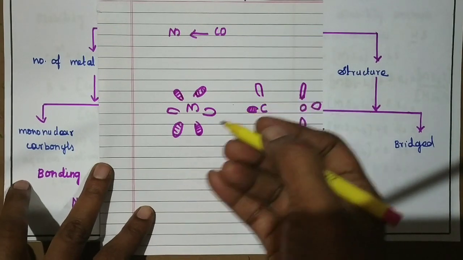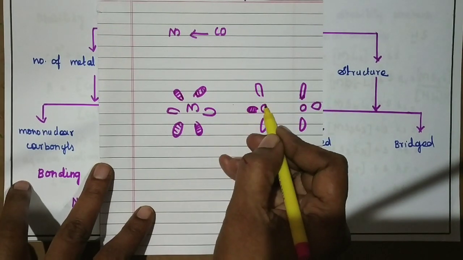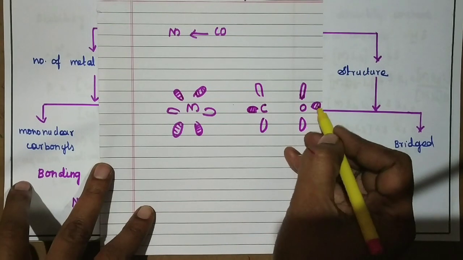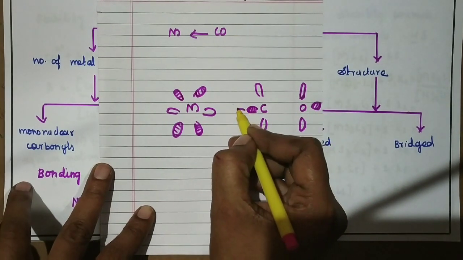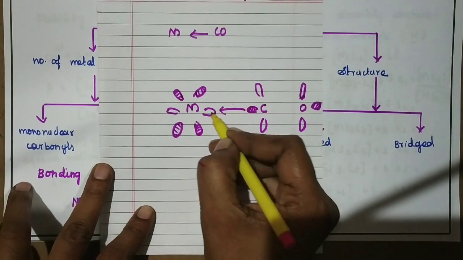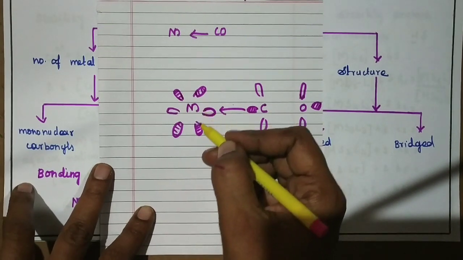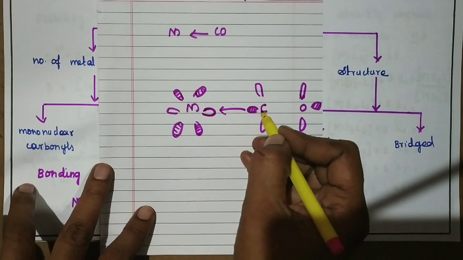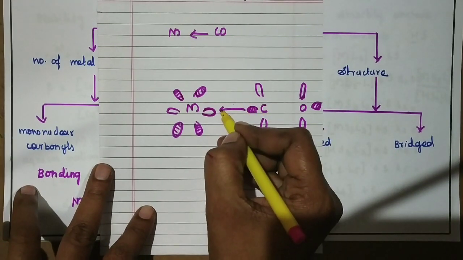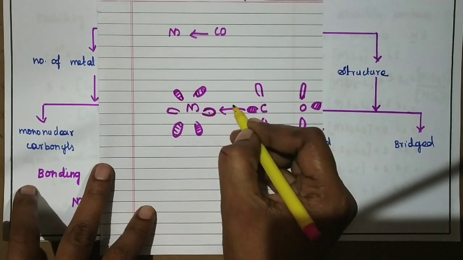First, this ligand gives the lone pair of electrons to the central metal ion. This is the empty orbital present in the central metal ion. So first the ligand gives the lone pair of electrons to the central metal ion.